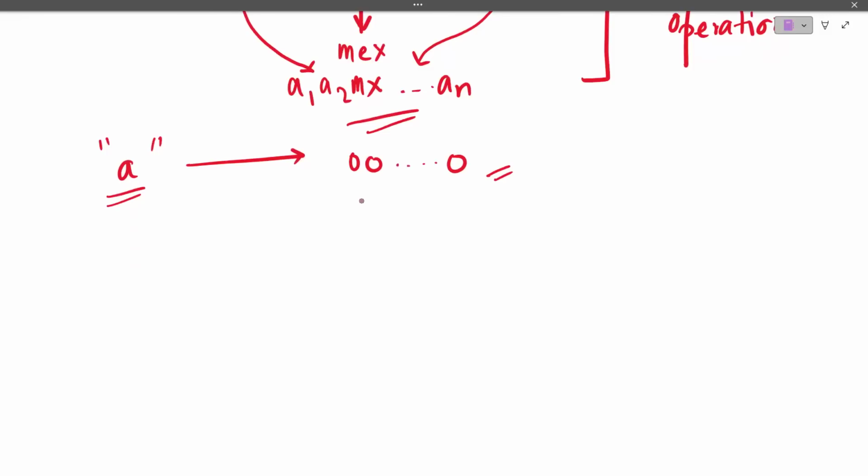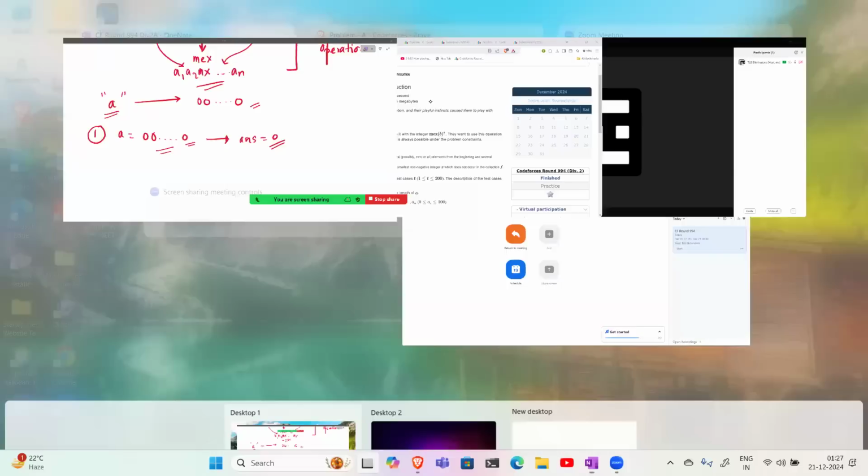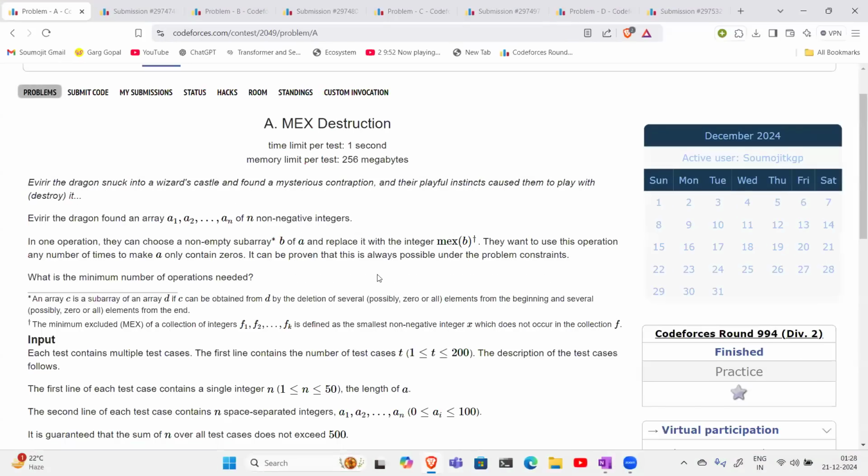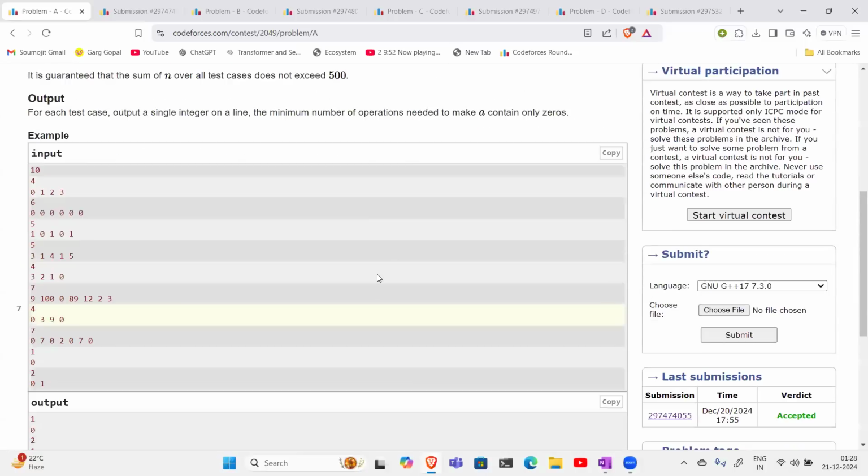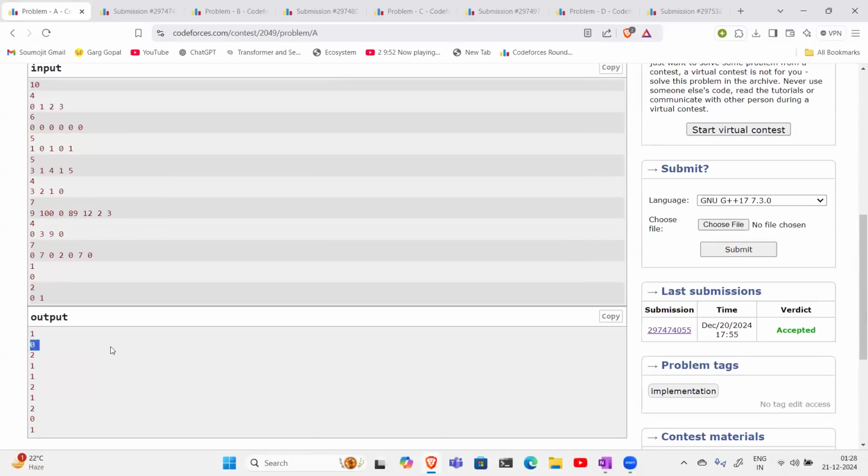This is the first case to think about, and it is the most trivial case: what if array A is simply an array of zeros? In that case, we obviously do not need any operation, because our objective is already satisfied. So our answer would be simply zero. We can also see in the problem statement itself that whenever the test case is all zeros, the answer is simply zero and nothing else.